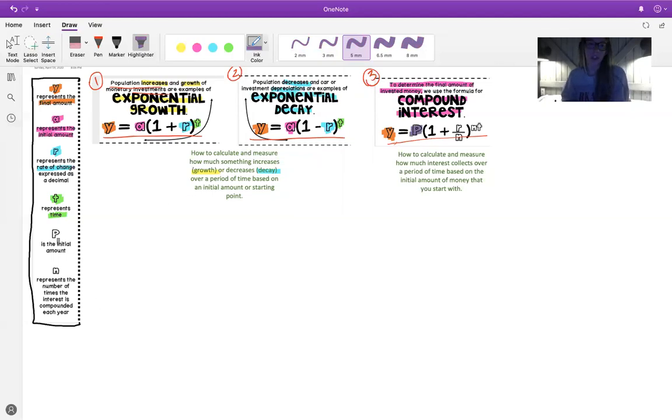This formula uses a P. It's your starting amount. We talked about the amount of money you put in your savings or the amount of money that you owe on your credit card. That would be your P amount. That's the amount you're starting with. Then we have r once again. That's the rate of change, so how quickly it's changing over a period of time.